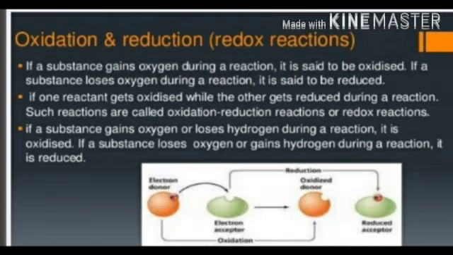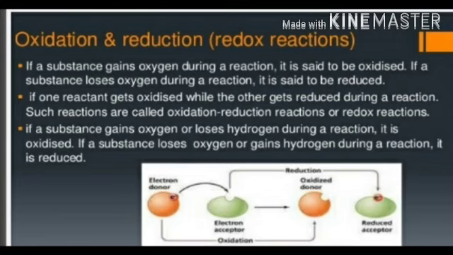Now let us see oxidation and reduction reaction. If a substance gains oxygen in a reaction, it is said to be oxidized. If it loses oxygen during a reaction, it is said to be reduced. If one reactant gets oxidized while the other gets reduced in a reaction, such reactions are called oxidation reduction reactions or redox reactions.